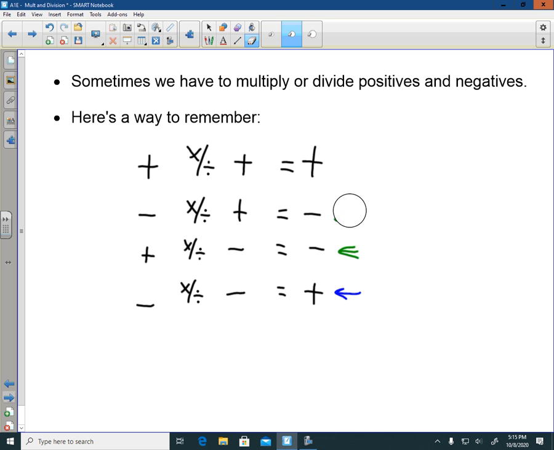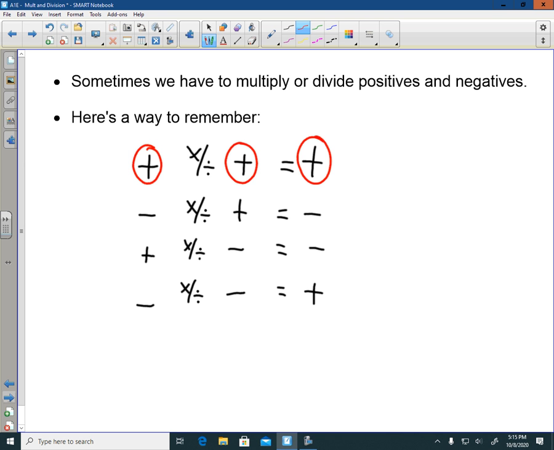Whenever I'm multiplying and dividing, I think about it this way. It's not a poem, it's just a little thing that helps me remember. So here's how it goes. Positives are good and negatives are bad. Let's just say it that way. When good things happen to good people, that's good. When bad things happen to good people, that's bad.